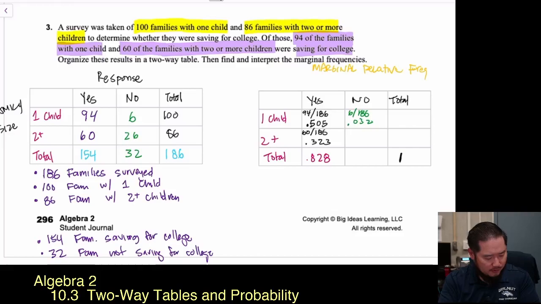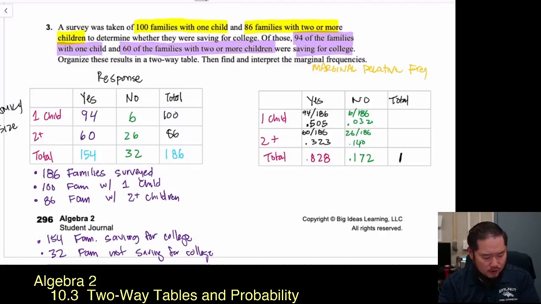Hopefully now you understand what we're doing. So we have 26 over 186, and that gets us 0.140. And then for our total, we add the two numbers together, 0.032 plus 0.140, and we end up with 0.172.